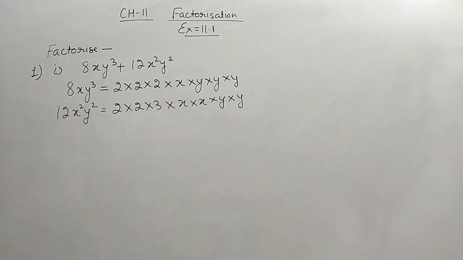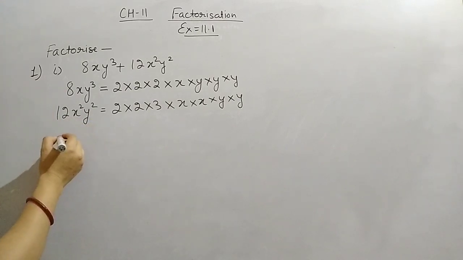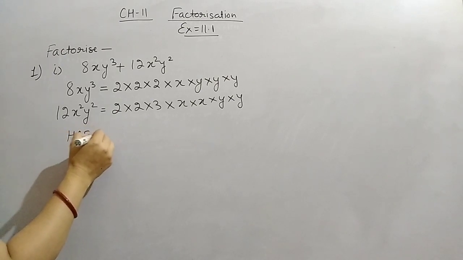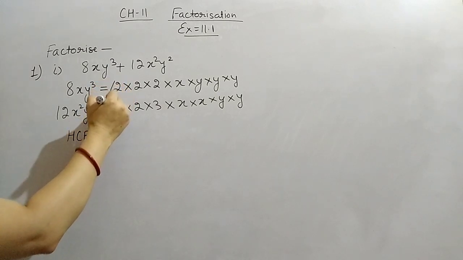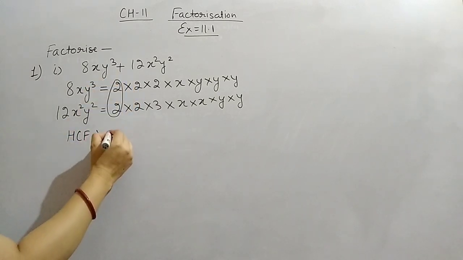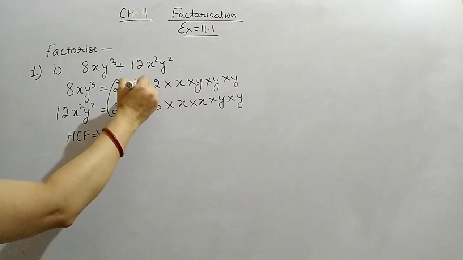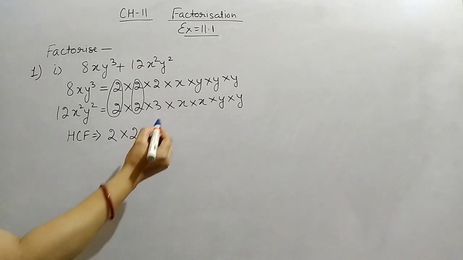After this you have to take the HCF, or we can say the common term. Here HCF means highest common factor, which you have learned in lower classes. So you can see this 2 is common, so one time we will write it. Next, one more 2 is common. Then 2 and 3, this is not common.